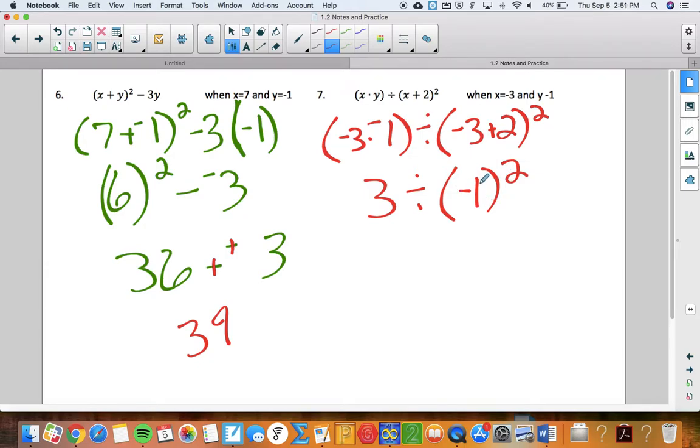If I didn't, I would get a wrong answer, even in my calculator. -1 is my base. When I square -1, I get +1. If you didn't use parentheses around that base, you would get something different. So I'm getting 3 here.